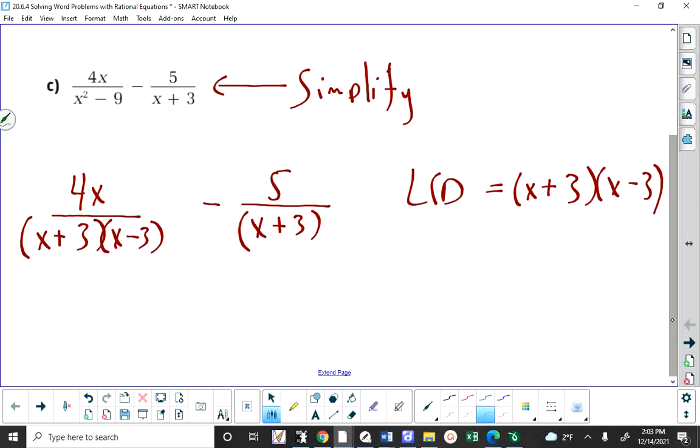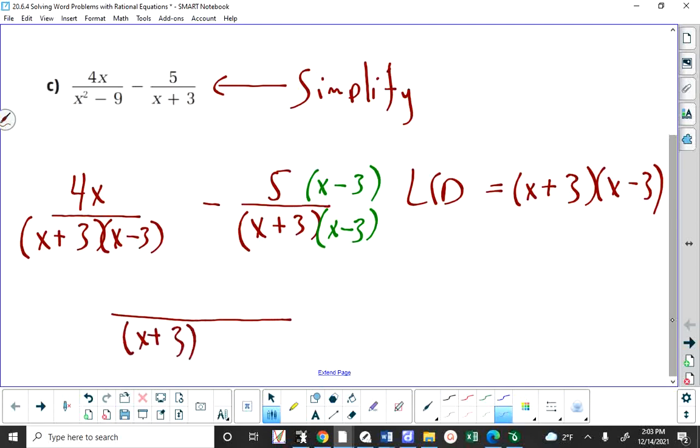You'd then say, I need to add these things together so they have to be both over the same thing. That's why I'm finding the common denominator, so I'm going to multiply top and bottom by x minus 3. Then you would put them together. And we would get on the top 4x minus 5 times x minus 3.